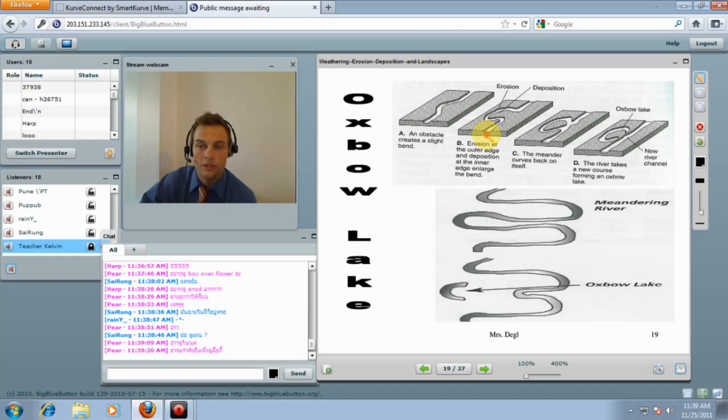This very small effect over long periods of time creates this huge bend, and now the water on the outside is moving even faster than the water on the inside.